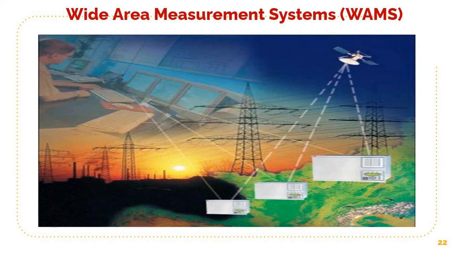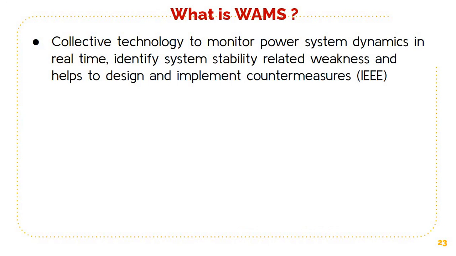Now moving to wide area measurement systems, abbreviated WAMS. It is a collective technology to monitor power system dynamics in real time, identify system stability related weakness, and helps to design and implement countermeasures.